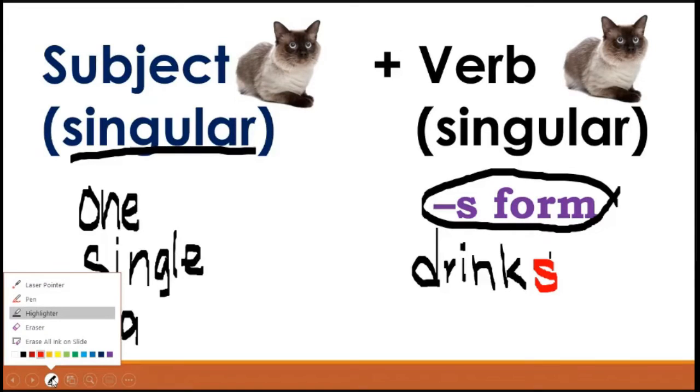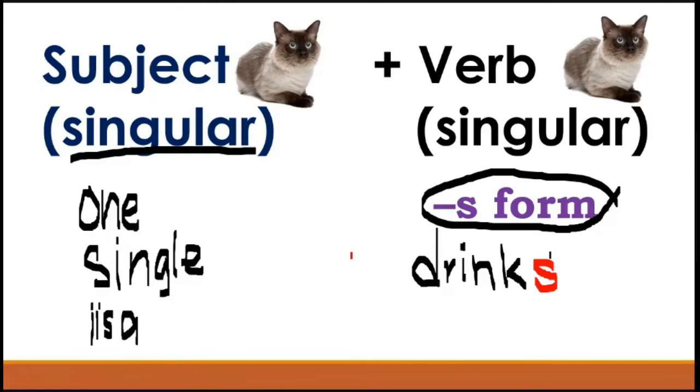Drink will become drinks. We add S at the end of the verb. Okay po ba? May tanong po ba? Okay, madali lang, 'di ba? Singular subject takes singular verb. The verb is written in its S form.